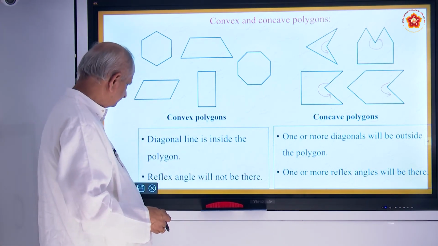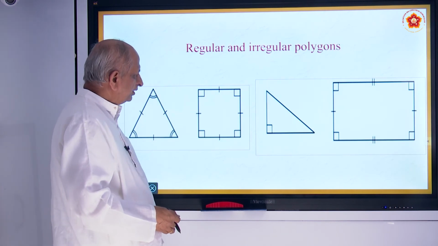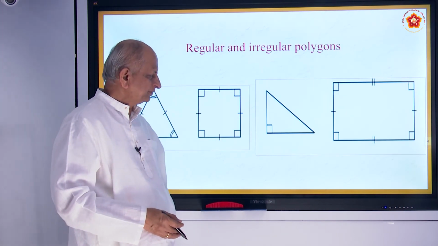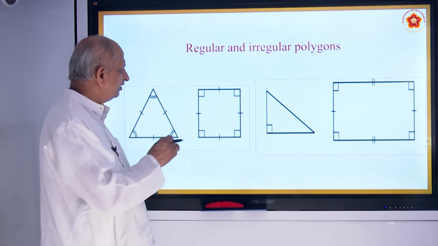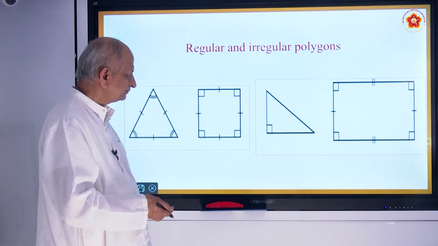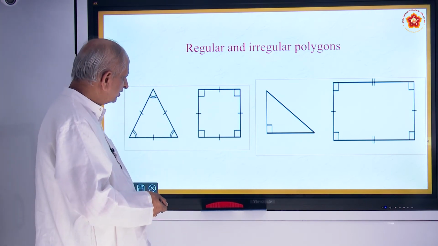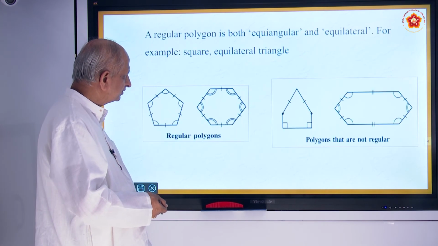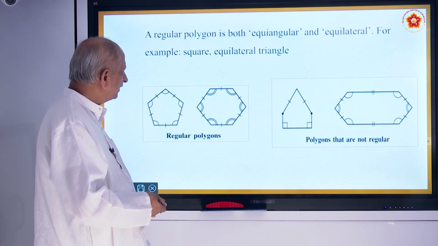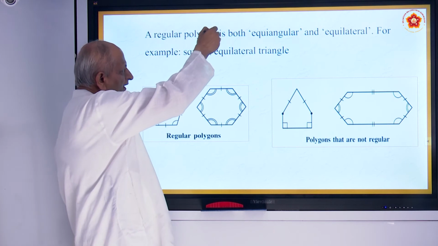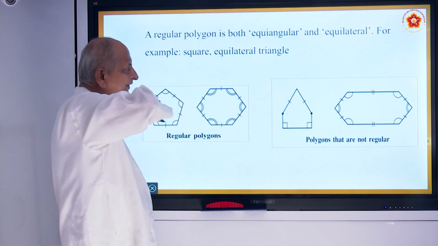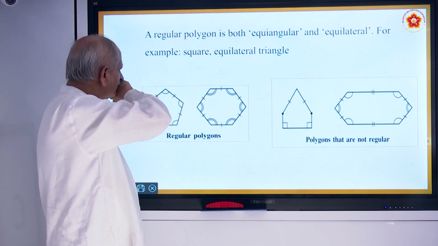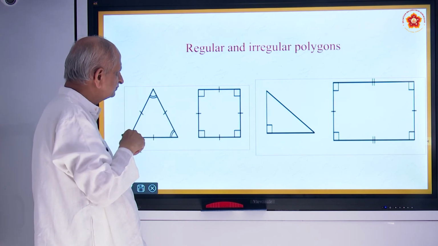Okay. And also one more thing you must note, that is what is called regular and irregular polygons. So these are called regular polygons. What do you mean by regular polygon? A regular polygon is both equiangular and equilateral. For example, square.